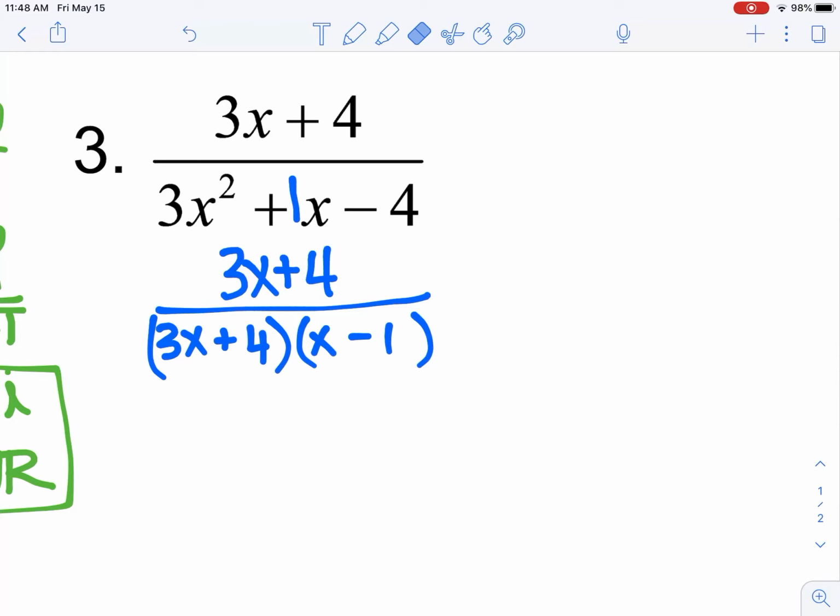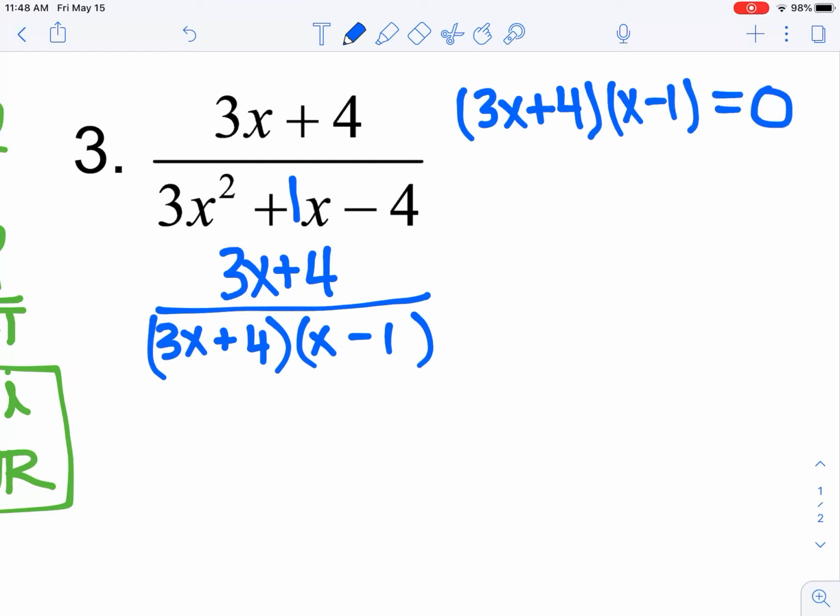Okay, now that we have factored the denominator, we can find our excluded values. So I'm going to write off to the side 3x plus 4 times x minus 1 equals 0. And with the zero product property, we can set both parts, or both sets of parentheses, equal to 0.